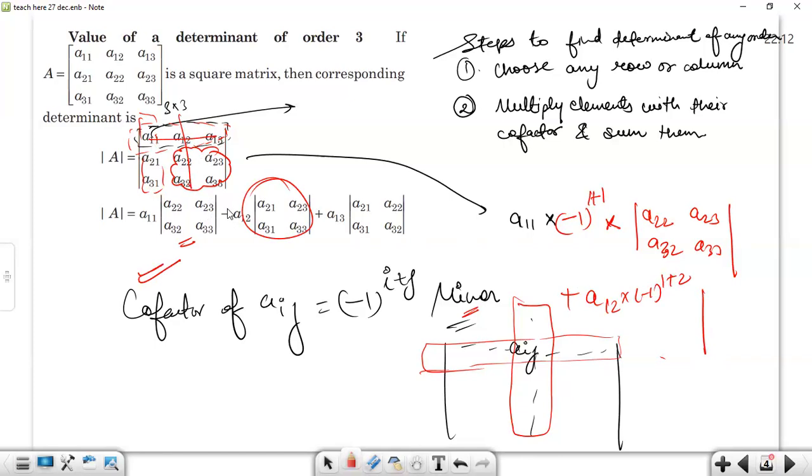Now you will be able to understand why there is a negative sign with A12, because the sum of 1 and 2 is odd. So minus 1 will get multiplied odd times. Minus 1 plus 1 into minus 1 makes it a minus. So that is why there is a negative sign.